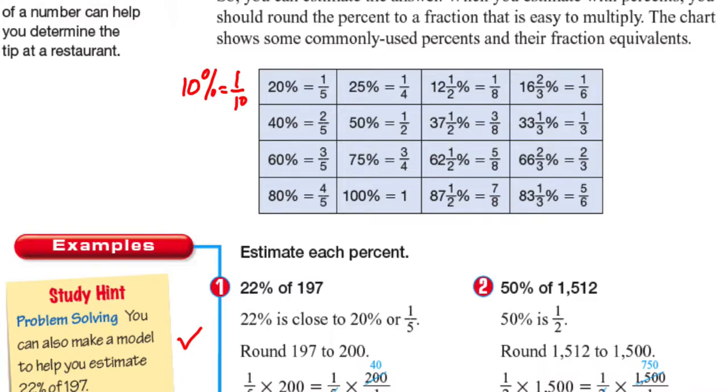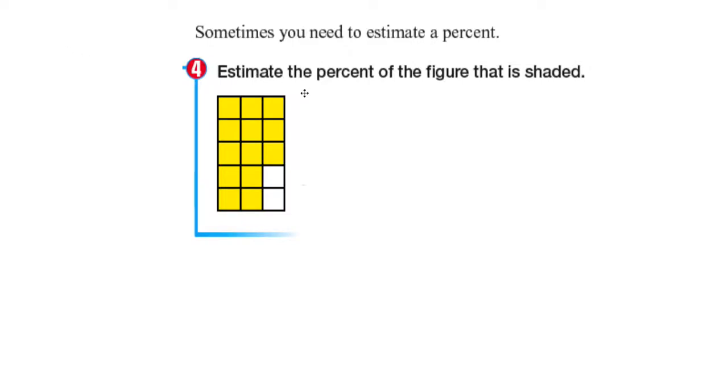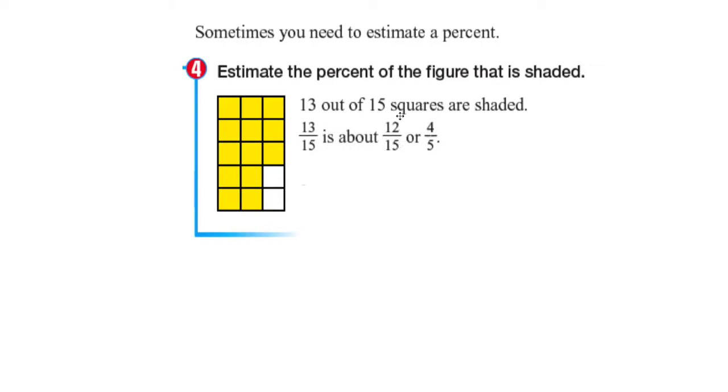Let's go to the last example. Sometimes you need to estimate a percent. Let's estimate the percent of a figure that is shaded. If you look at this figure, we know that 13 out of 15 squares have been shaded. 13 out of 15 is very close to 12 over 15, or 4/5.